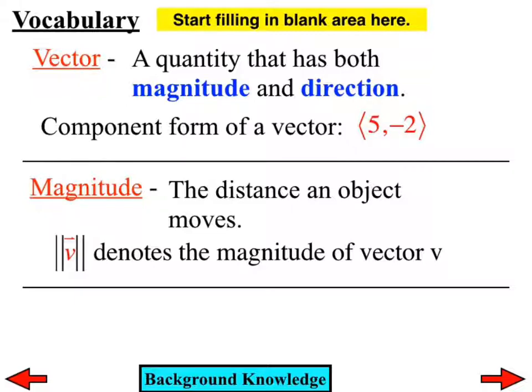By magnitude, we're talking about the distance that an object moves. And when we have a vector surrounded with two vertical bars, that tells you that you are going to be finding the magnitude of a vector. So in that instance, that means to find the magnitude of vector v.